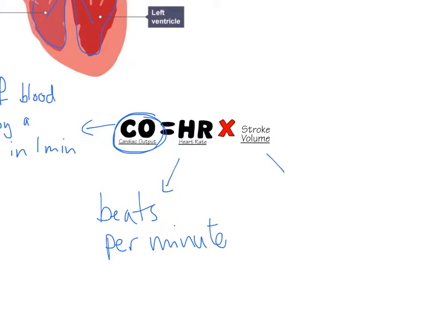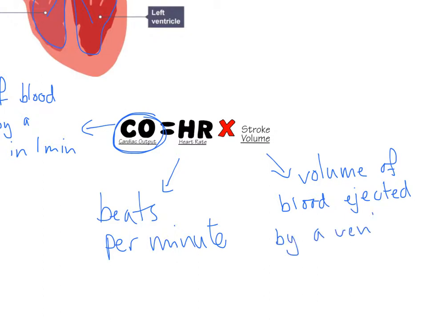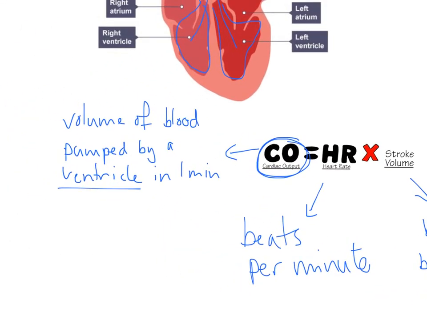And the other thing is your stroke volume, and this is the volume of blood ejected by a ventricle each beat of the heart. And so if we know the volume of blood that's being pumped out each time the heart beats, and we know how many times it's going to beat in a minute, what we can do is add up all of these individual beats, multiply them together, and what we'll get is your cardiac output.